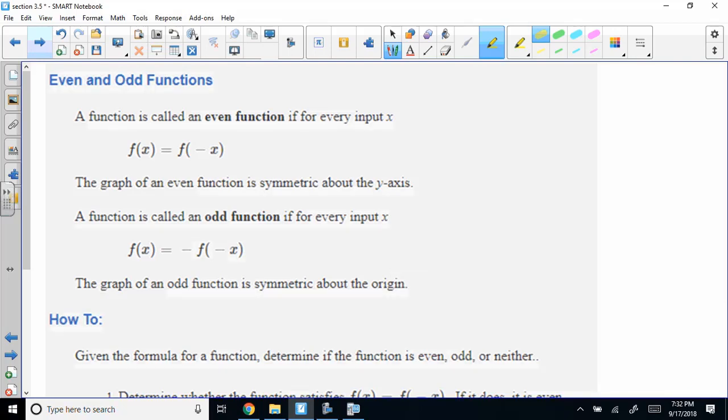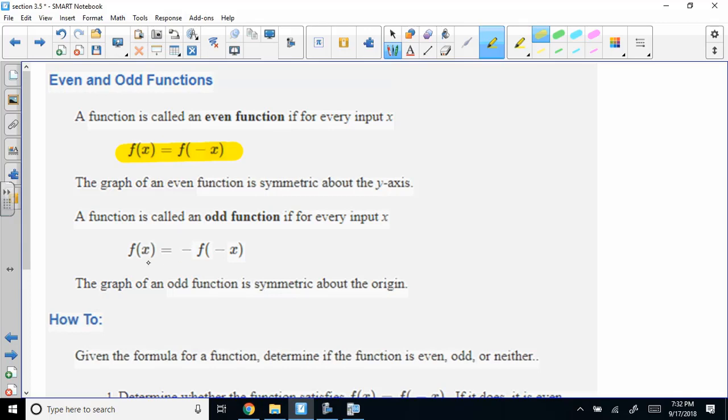All right, even and odd functions. I'll show you how to do even and odd a lot easier than doing it algebraically. Algebraically, you have an even function if f of negative x is equal to f of x. If you plug in negative x's and everything comes back out to be exactly what you started with, then it's even.